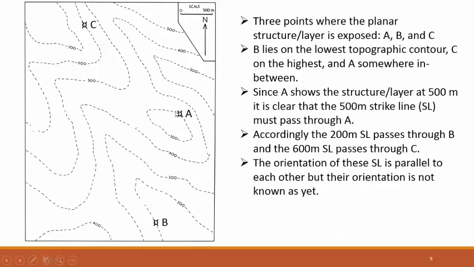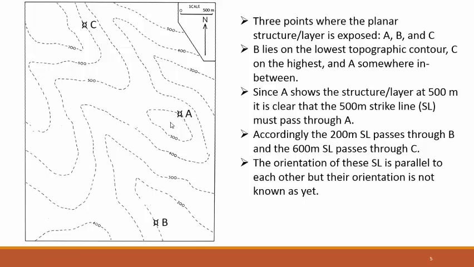In our example we have the points A, B, C. These would be 3 places where our structure, this planar surface, whatever it is, a contact or a fault, is exposed in our terrain, and we see here that these 3 points are at 3 different altitudes. The lowest one is B at 200 meters of altitude, the highest one is C at 600 meters altitude, and we have a 3rd point A at 500 meters altitude where our structure is exposed.